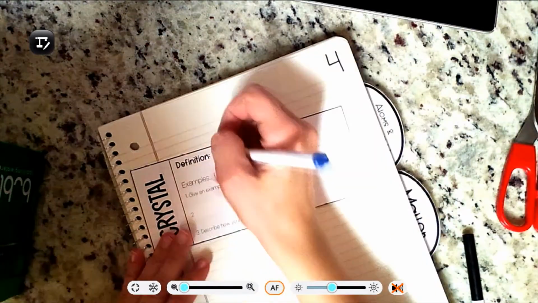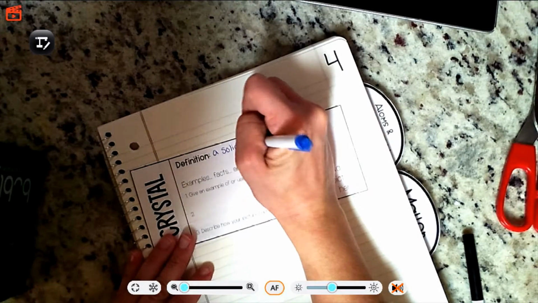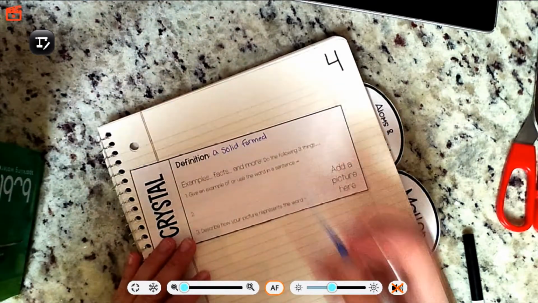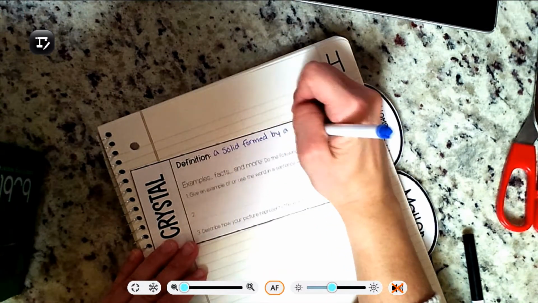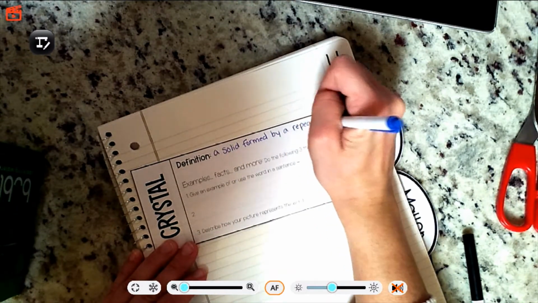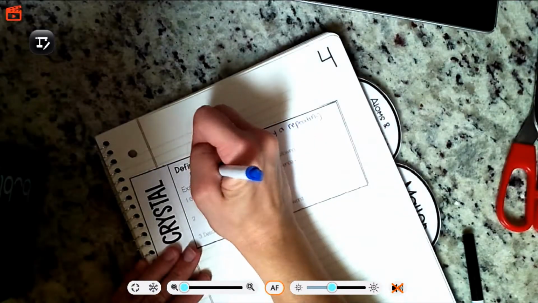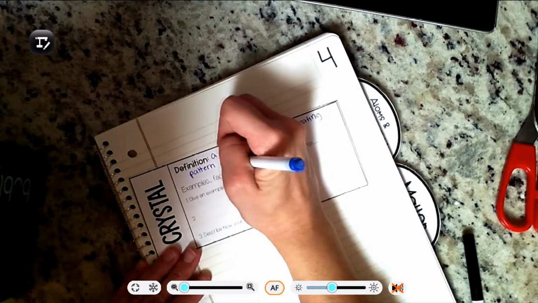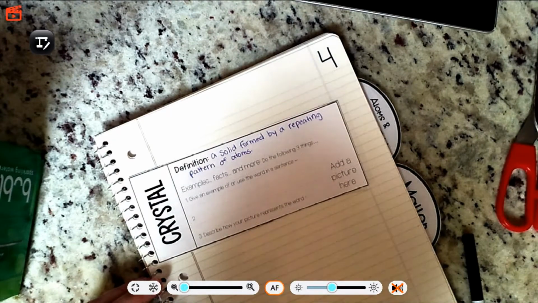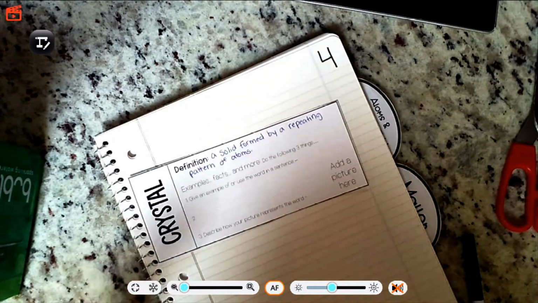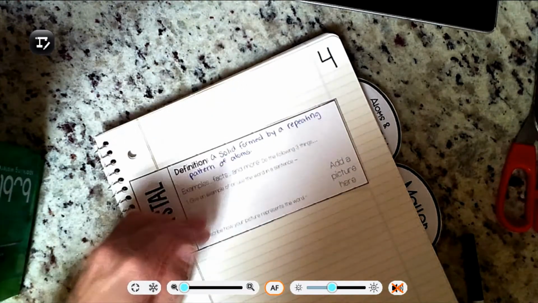So crystal is a solid formed, that means made, by a repeating, that means happening over and over and over again, a repeating pattern in the same way of atoms. Okay, so if you don't have your sheet, remember you can just write the word, then write definition, 1, 2, 3, okay?